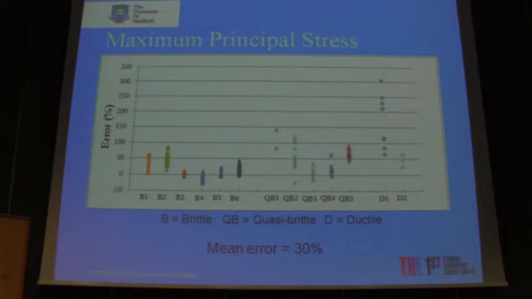So, moving on to the results of the analysis: initially the maximum principal stress was extracted from the finite element analysis as it's coincident with the maximum opening stress under Mode 1 loading. Moving through the results, you can see that we have brittle, quasi-brittle and ductile materials, with a mean error of 30%, which is good.